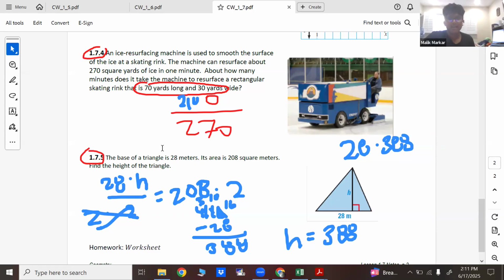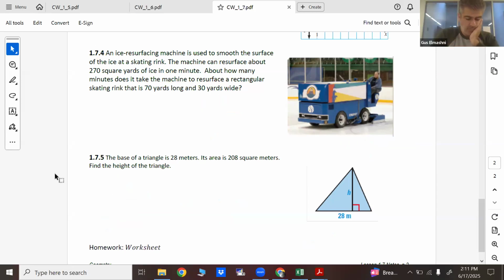I did something wrong. All right, take your time. It's not erasing. Yeah. Okay. Base is 28. The area is 208.